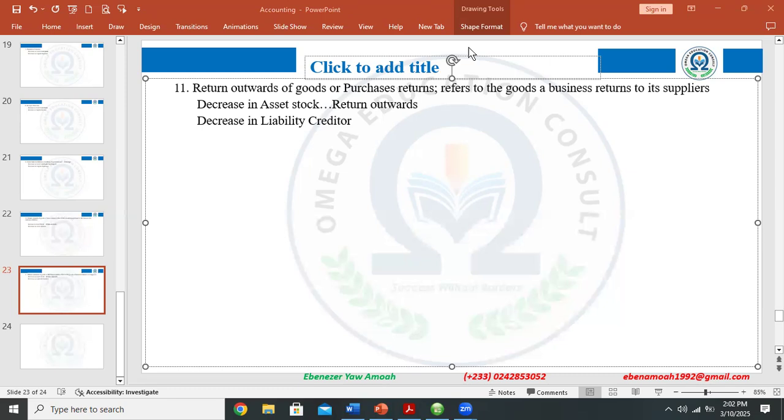So Omega accounting business is returning the non-erasers, that's the toffees, back to Malcolm, our supplier. So the scenarios are that our stock will decrease because we are taking goods out of the business. And again, if we owed Malcolm 300 Ghana cedis for the erasers Malcolm supplied to us, because we are returning some of the goods back to Malcolm, we will no more be owing Malcolm 300, because Malcolm will have to deduct the total value we have returned.